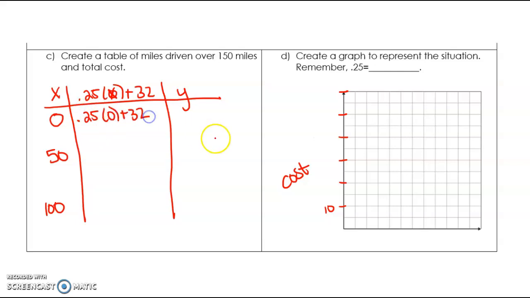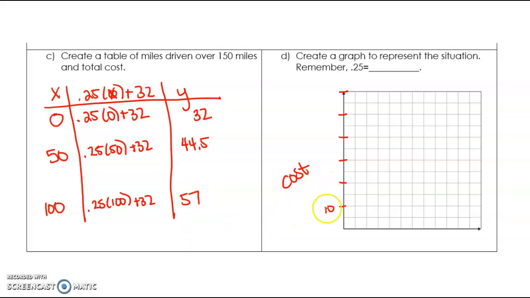So to drive 0 miles over, really 150 miles, it's going to cost you $32. To drive 50 miles over 150, so 200 miles total, it's going to cost you $44.50. And to drive 100 miles over 150, so 250 miles, it's going to cost you $57.